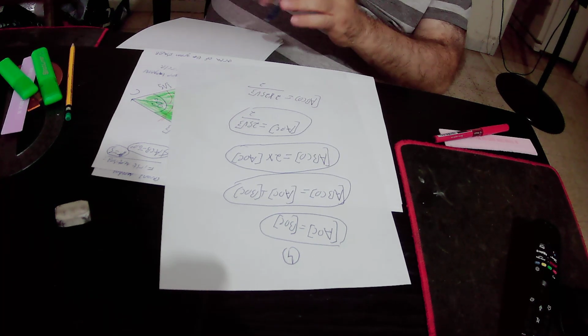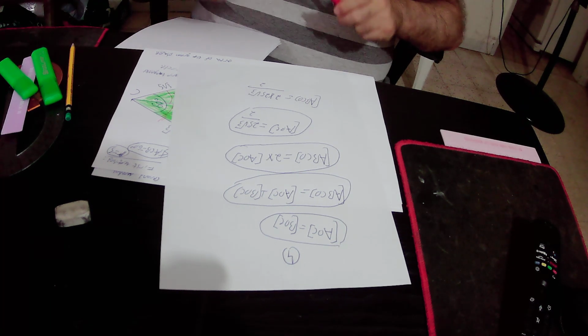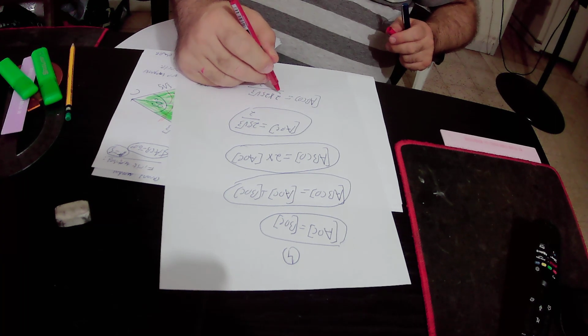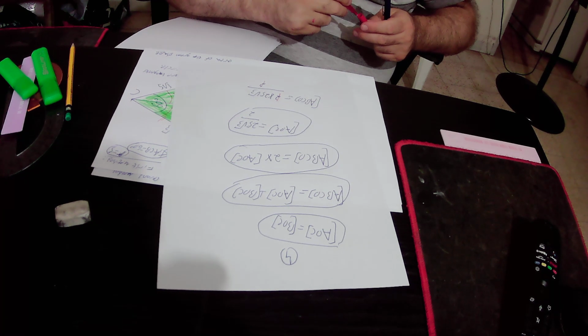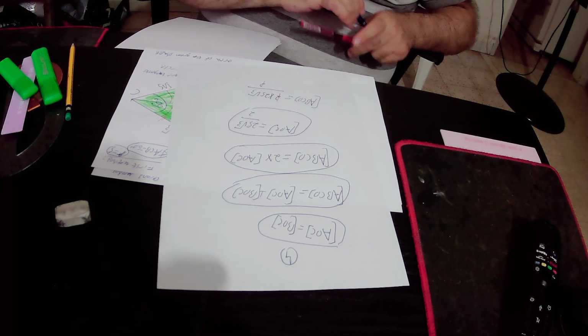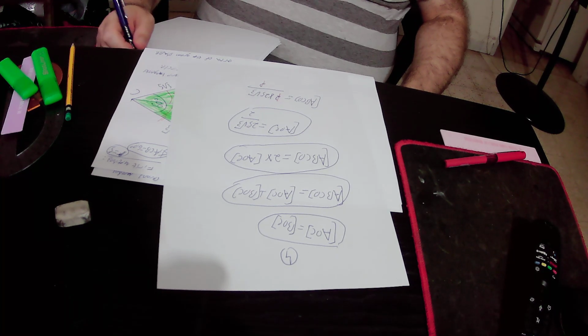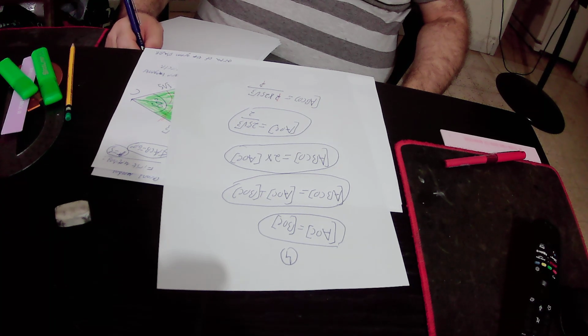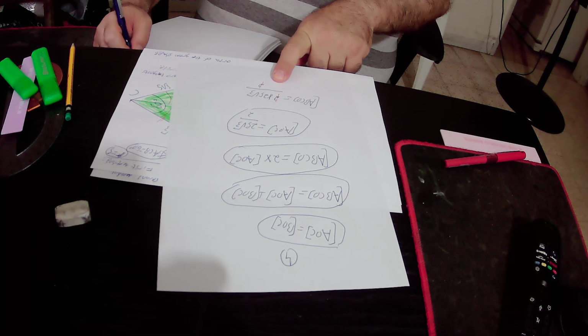So here, 2 over 2 is 1, so the 2 will get cancelled, and we will get that the area of quadrilateral ABCO equals 25 times root 3 square units.